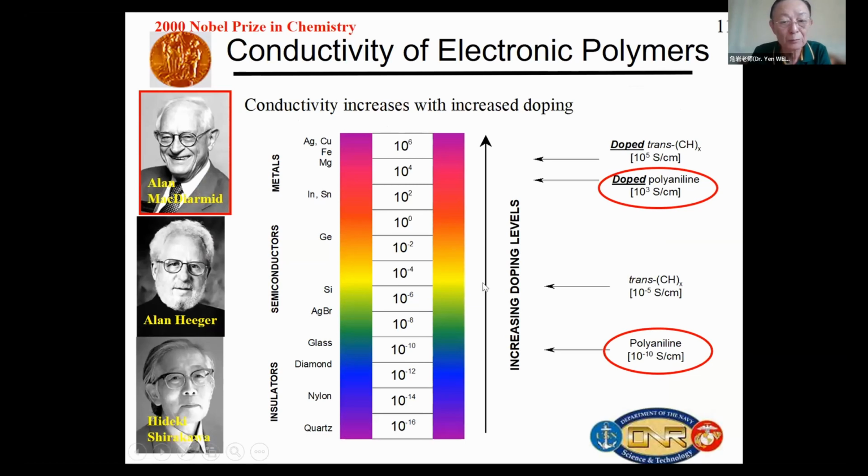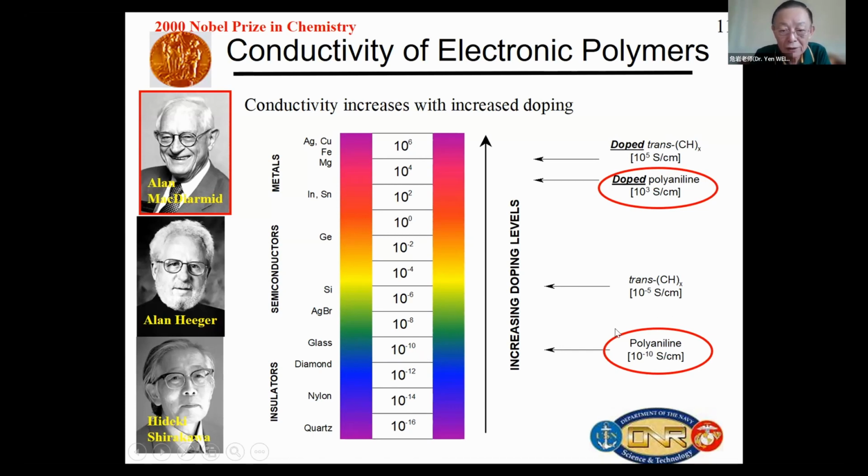How to solve that problem? I will use the 2000 Nobel Prize in Chemistry, Professor Alan MacDiarmid, who is my honorary mentor. This is conducting plastic. Plastic does not conduct electricity. Everyone knows nylon, diamond, glass have conductivity around 10 to the minus 10.